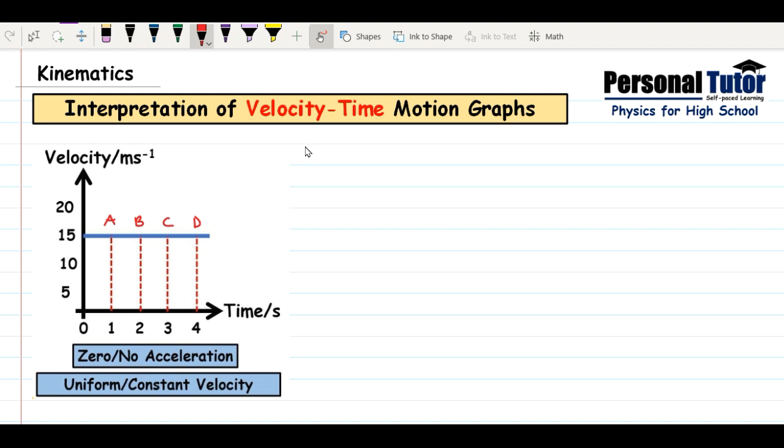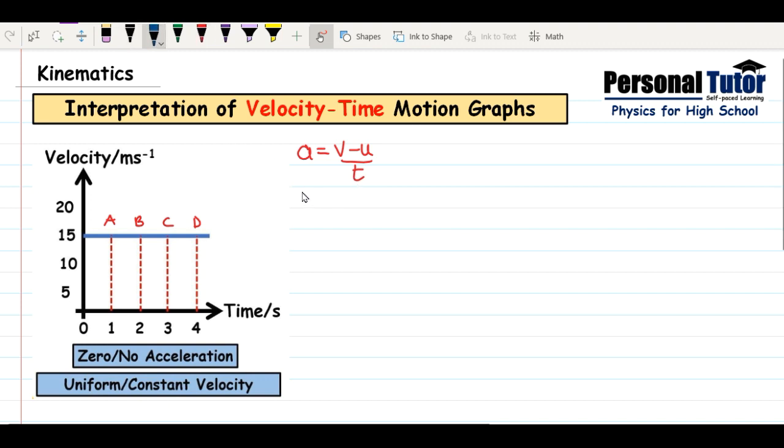So mathematically, a is v minus u all over t, where v is the final velocity, u the initial velocity, and t the time taken.